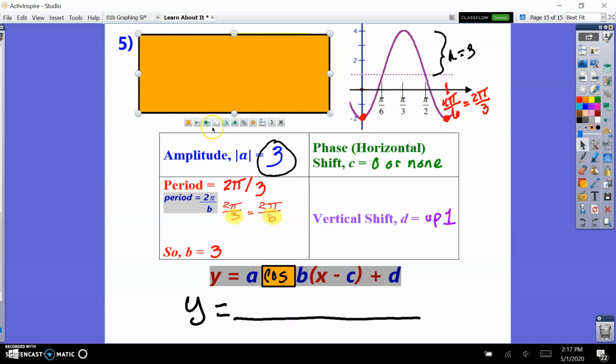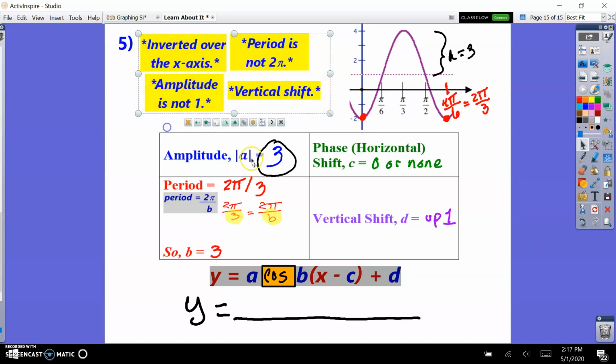We have a couple other different things that are happening. It is inverted over the x-axis, which is going to mean that our A value is actually negative 3. Sorry, our A is negative 3. Cosine, if you did the math going through here for your period, you really don't have to do all the algebra, because once you set up the equation, you can see that B has to be just 3.